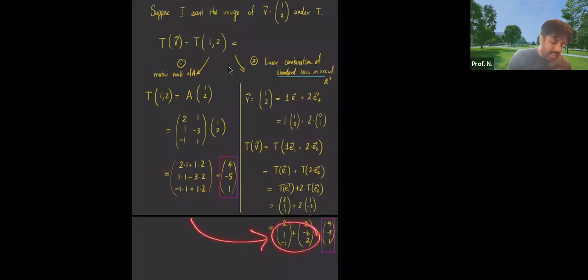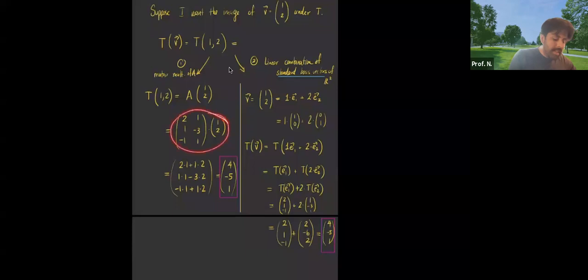It's just viewed differently. Here you're viewing this as a left matrix multiplication of a matrix to a vector. Here you're viewing this as a linear combination of the images of E1 and E2.